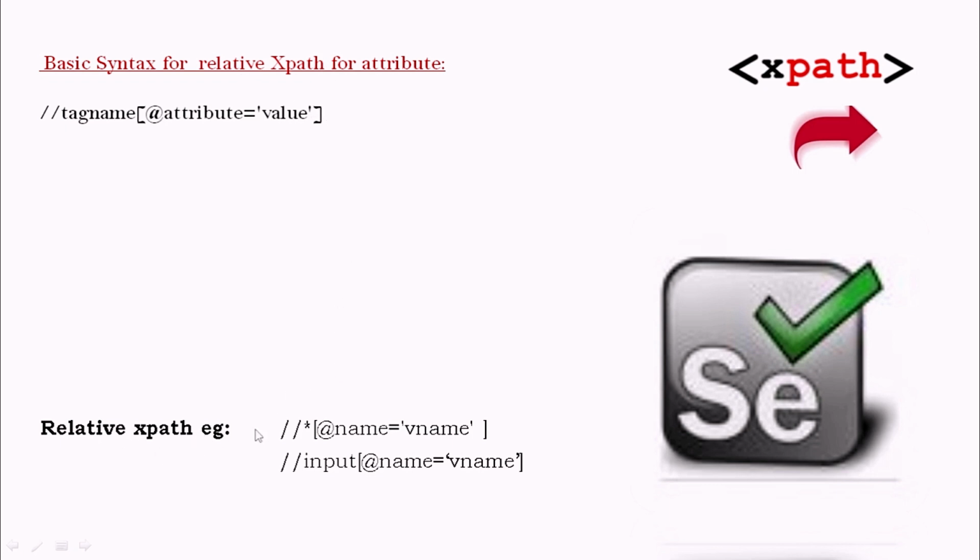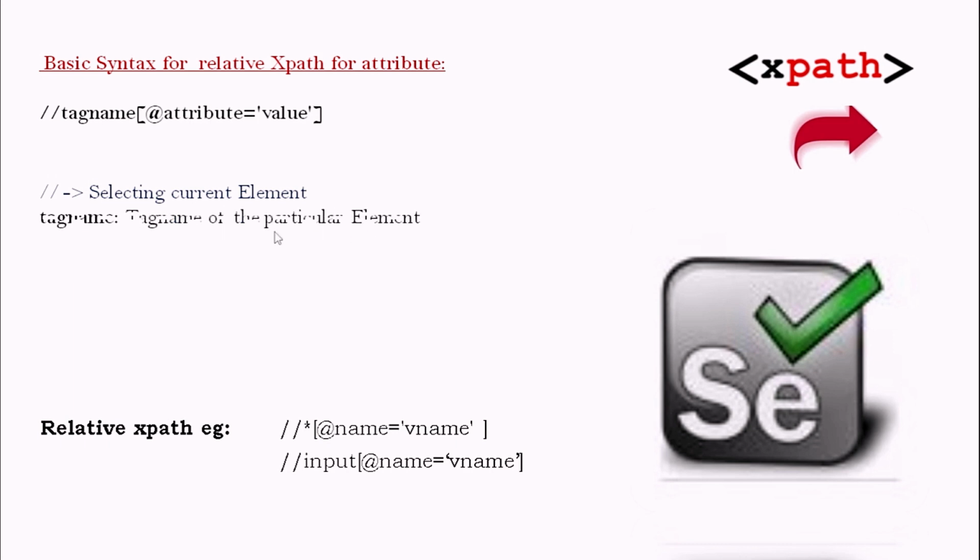And here is the example. If I put double slash star, that will also work. We can search in the entire page. And double slash input @name equal to vname. So both are examples of the relative XPath. Now here, double slash selects the current element. Then the tag name of the particular element, then the bracket.